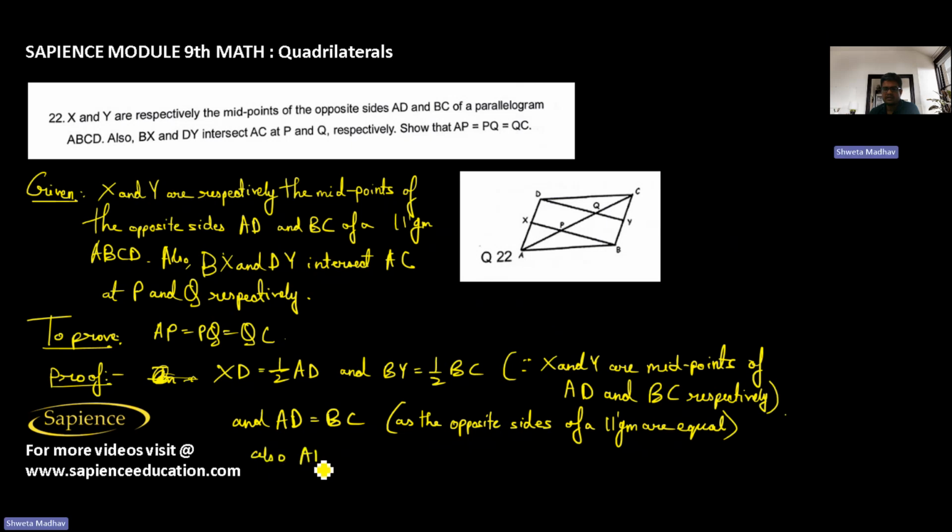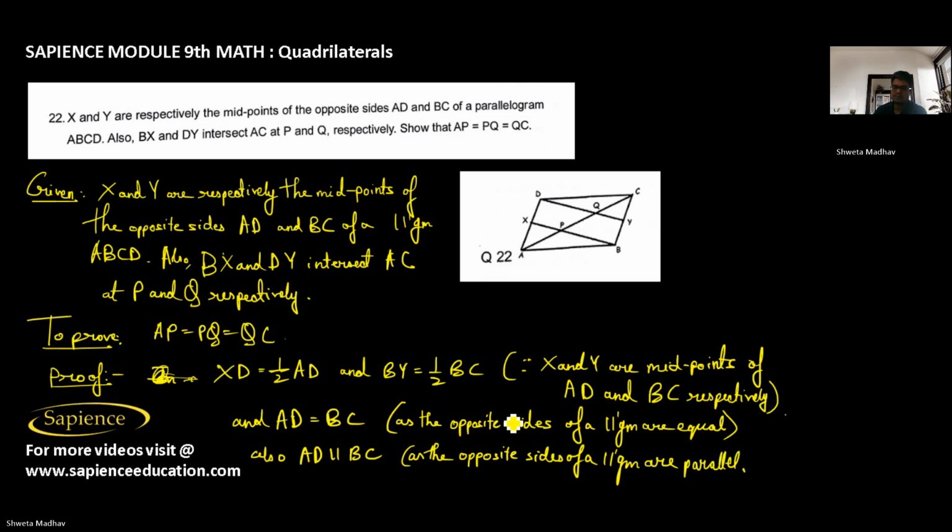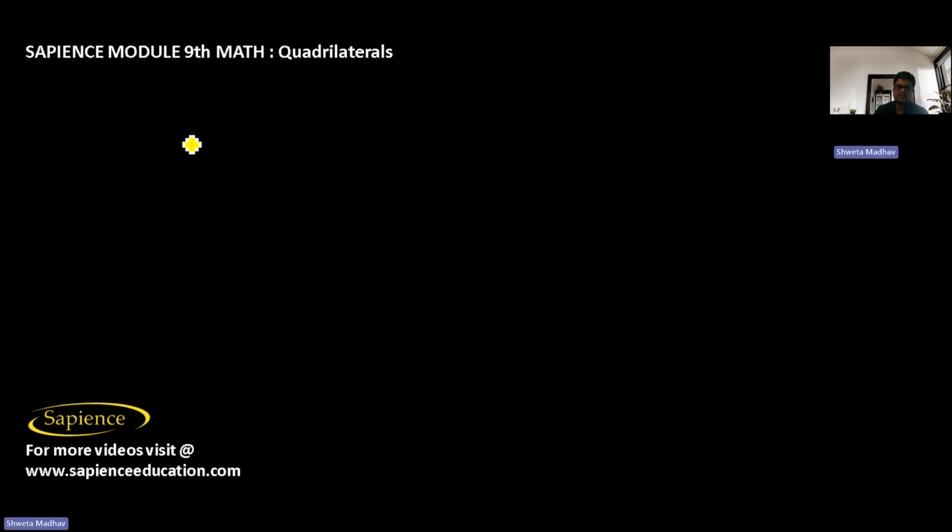And also AD is parallel to BC, as the opposite sides of a parallelogram are parallel. Therefore we can say that half of AD equals half of BC, which means XD equals DY.